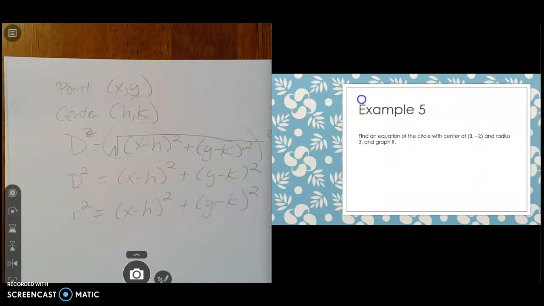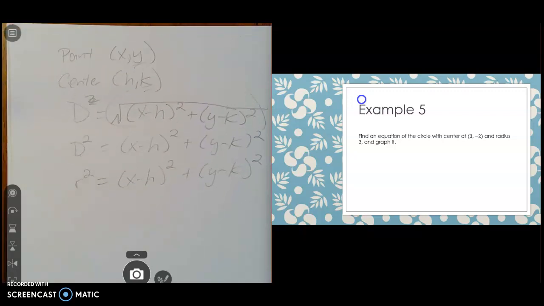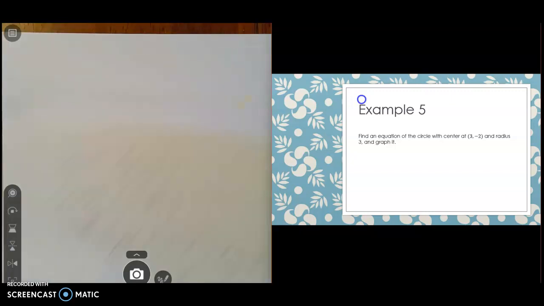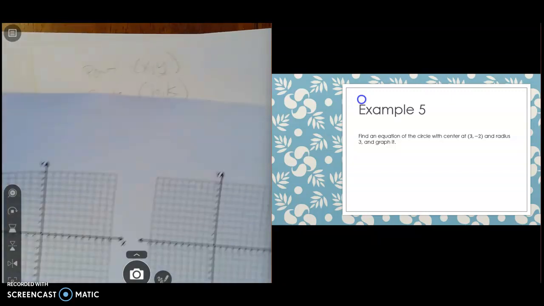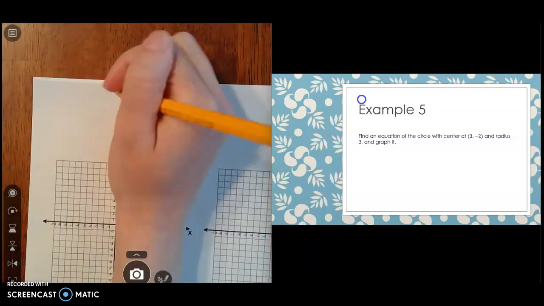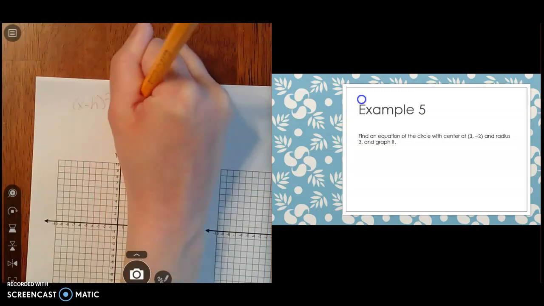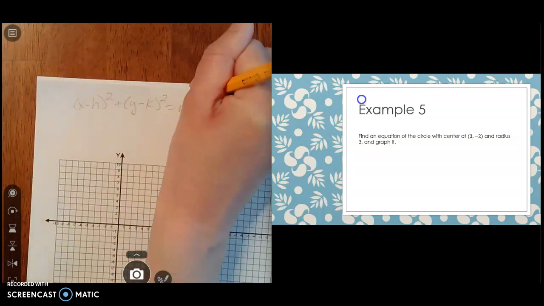So, example 5 says, find an equation of a circle that has a center at 3, -2, and has a radius of 3, and we're going to graph it, so that should be a good time. Okay, so let's go ahead and get our graph paper ready. Let's put that on top. So the general format for those circle equations was x minus h squared plus y minus k squared equals r squared.